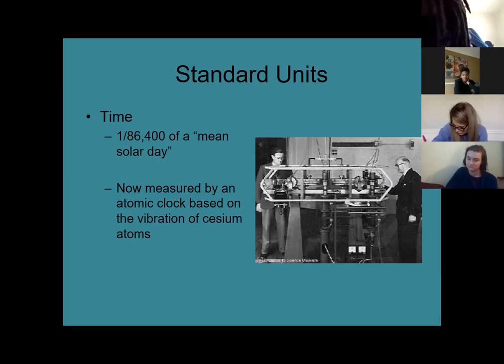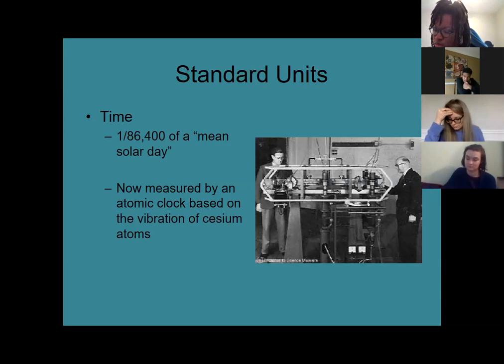So I laugh, because I don't know that I care that much about how precise the units are, but obviously somebody does. So the International Bureau of Weights and Measures refines these standard units, and over time they have changed. They have been more precisely defined.